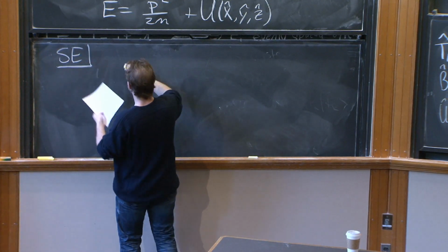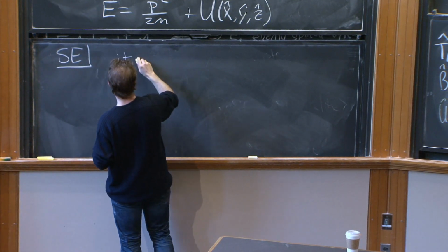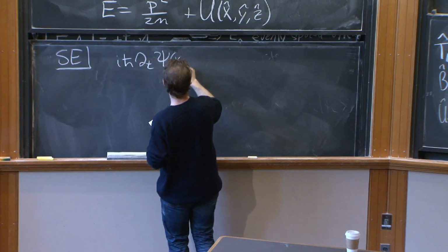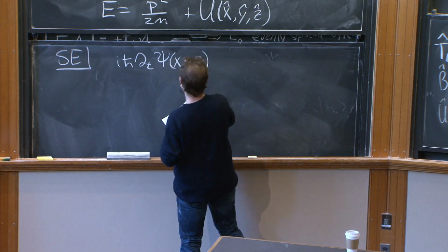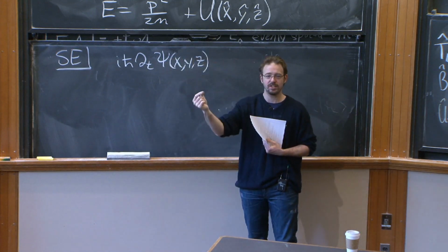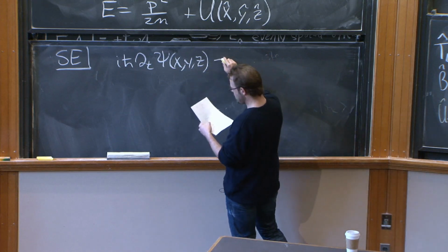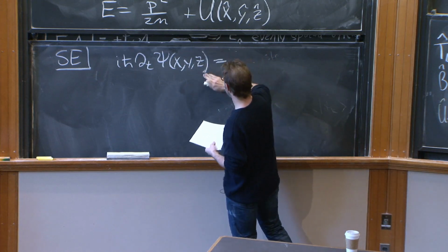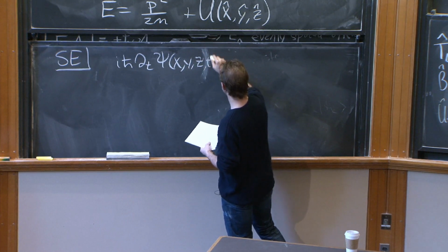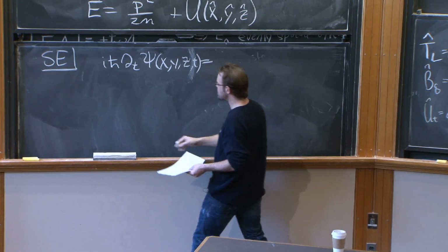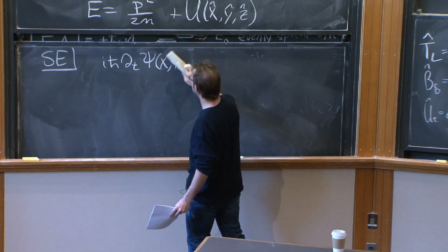And it's just a direct extension of the 1D Schrödinger equation, i h bar d/dt of psi. Now our wave function is a function of x and y and z. There's some finite probability density to find a particle at some position. That position is labeled by the 3 coordinates. I'm actually going to write this in slightly different form, using vector notation.